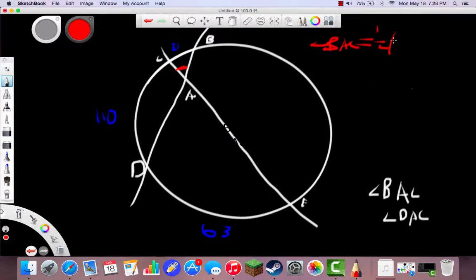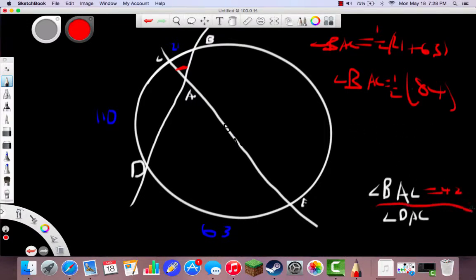So it's going to be half of 21 plus 63, which is half of 84. 84 divided by 2 is 42. So BAC equals 42 degrees.